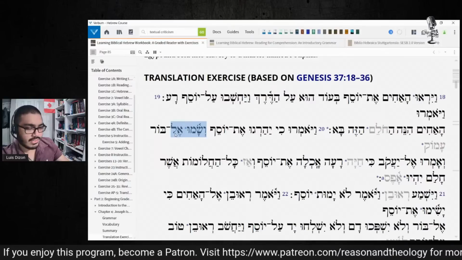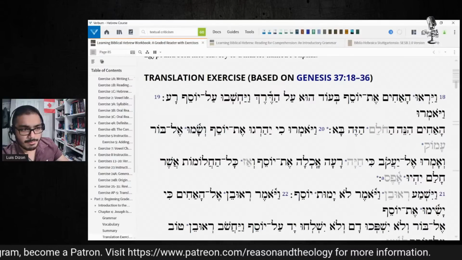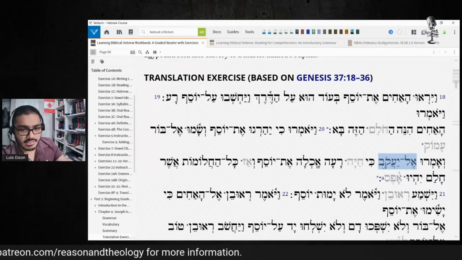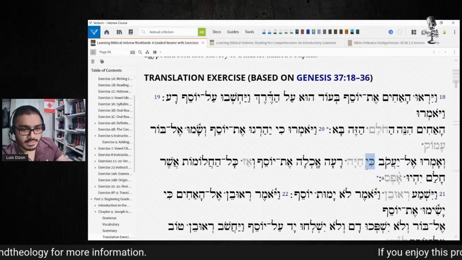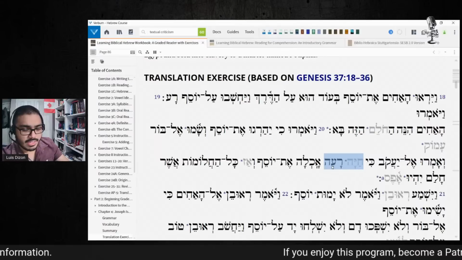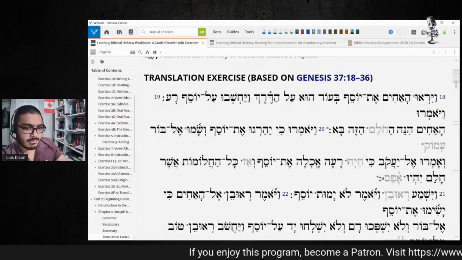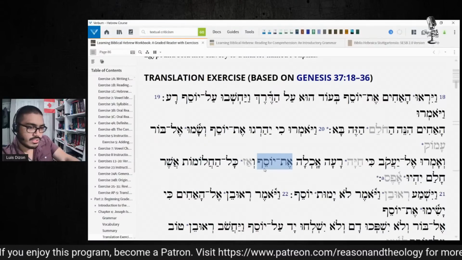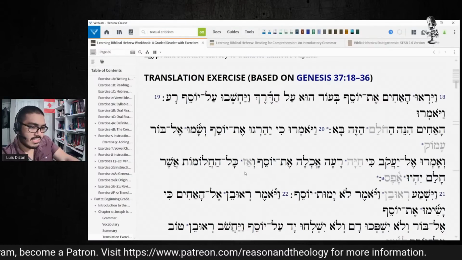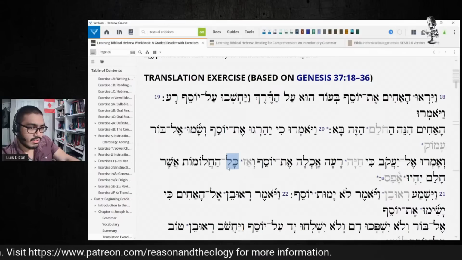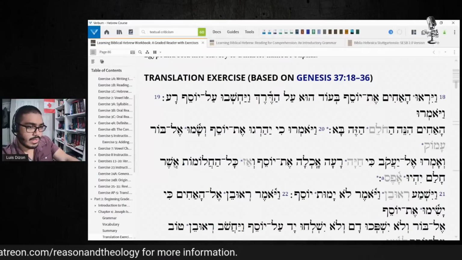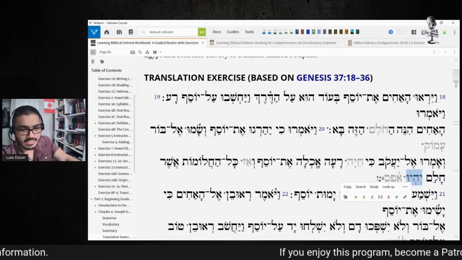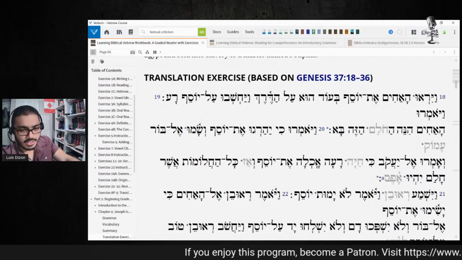It's like place his body in the well. And say to Jacob, because an evil animal, chaya means animal, achla et Yosef, ate Joseph, and then all of the dreams which he dreamt will be at an end, so they'll be for nothing.